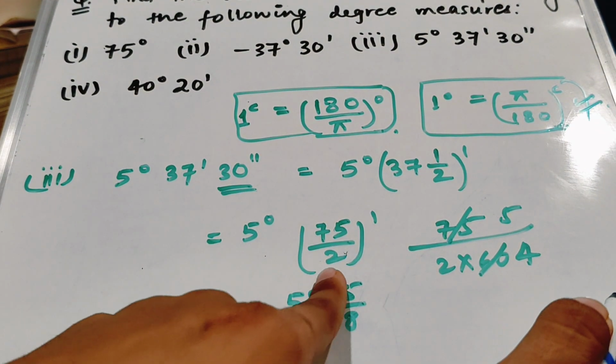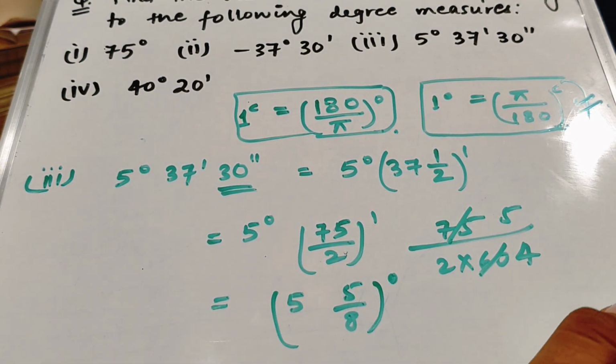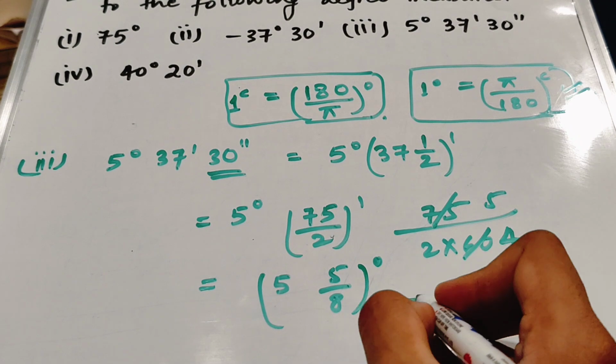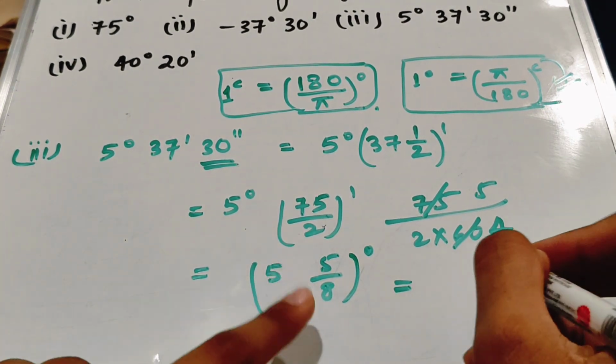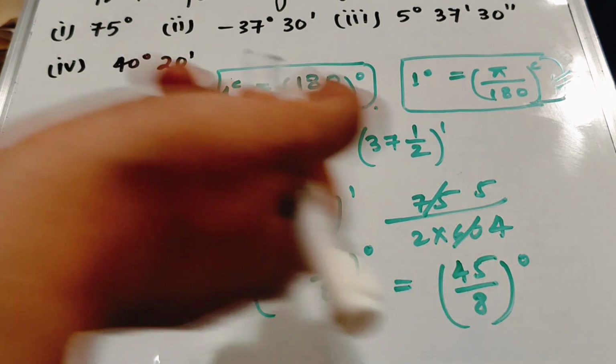Right? I'm going to rub this degree and now this whole is degree. Now let's solve it further. 45 by 8 degree. Did you understand what we did?